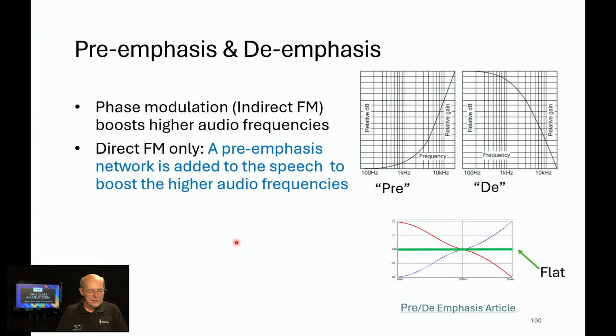The trick that is used is that a preemphasis network is added to the speech to boost the higher audio frequencies. So we get that for free in phase modulation. We have to add it for direct FM. Then they both look the same on the receive side, so we can use a de-emphasis network. So if we're doing direct FM or indirect FM, they're going to sound the same.